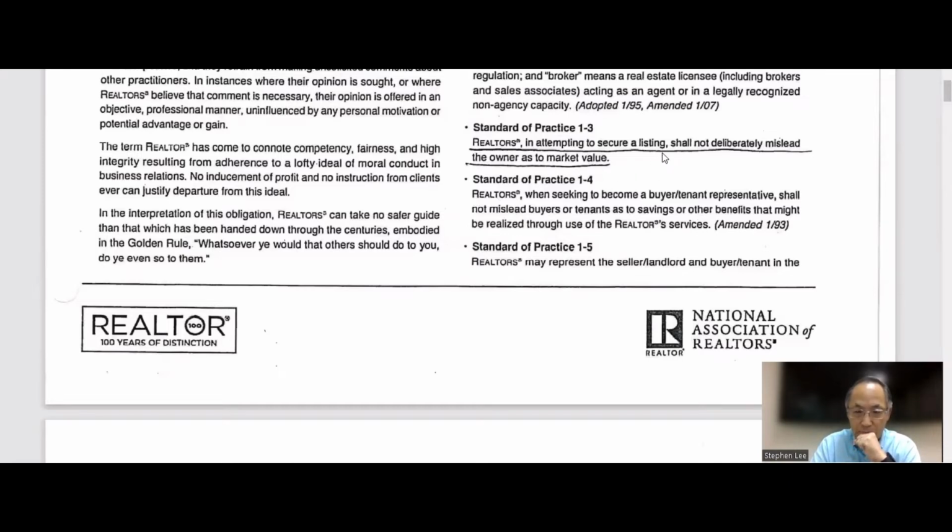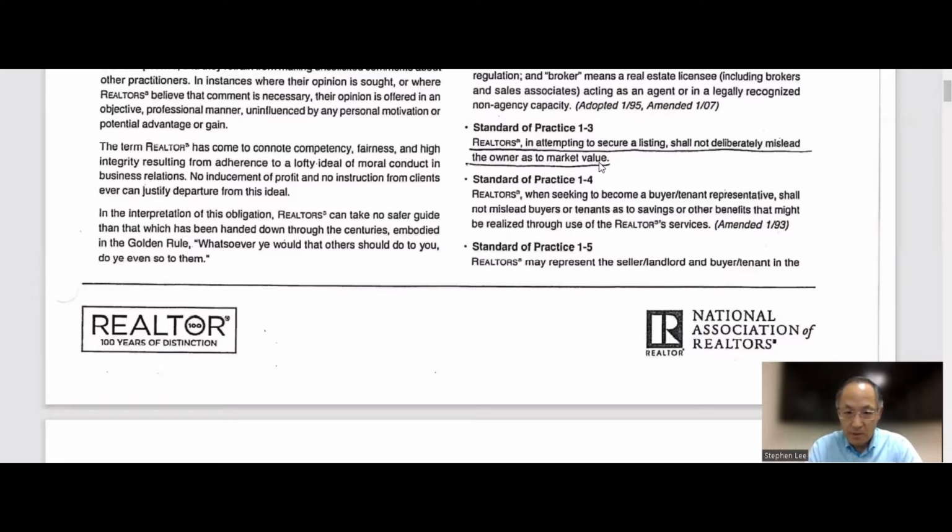What does it mean? Well, in real life, when an agent is trying to get a listing agreement, there can be competition. There are many agencies contacting the homeowner and trying to get the listing agreement. So it's a competing situation among the agencies.